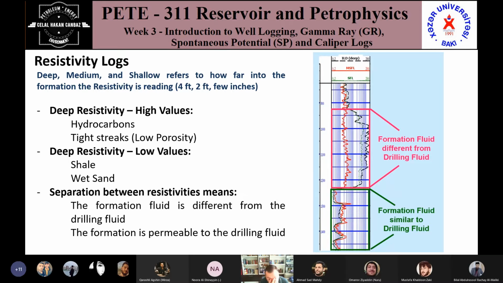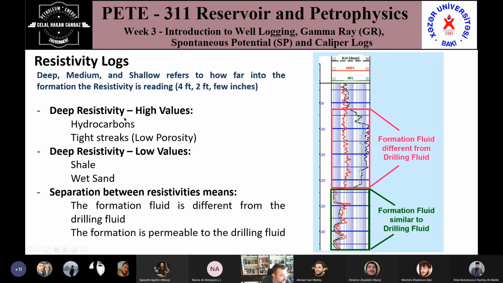Or, if you used low weight mud in your drilling, you are sure that your invasion zone is very limited, so you can go to shallow resistivity as well. So these are the definitions that we are using for resistivity logs.